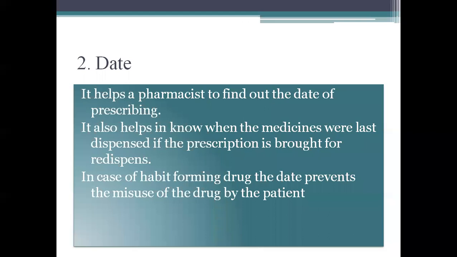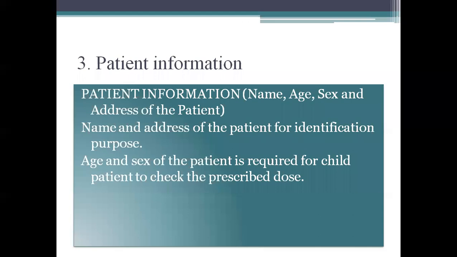Then we go towards the date, the second part. It helps a pharmacist to find out the date of prescribing. Also we said it helps to know when medicines were last dispensed, and whether the prescription is brought for redispensing or not. For habit forming drugs, to prevent misuse of such drugs, the date is very important in the prescriptions. Then we have the patient information as the third part. In that, the name, age, sex, and address of the patient are very important.